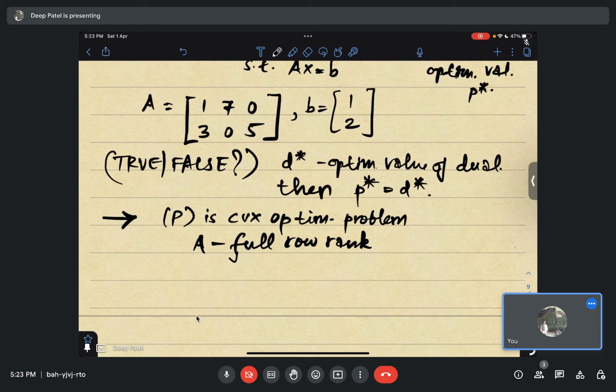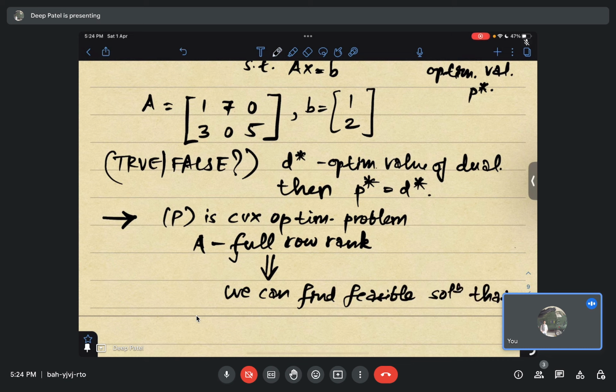So the consequence of A being full row rank is that we can just find a feasible solution that satisfies Slater's condition.